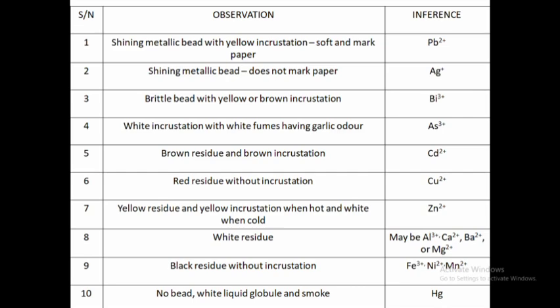When you have a white incrustation with white fume having garlic odor, you know this is arsenic. When you have a brown residue and brown incrustation, likewise. So by the residue and the incrustation left, you can determine the presence or the type of cations present in the mixture.